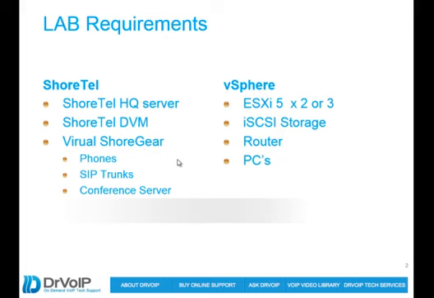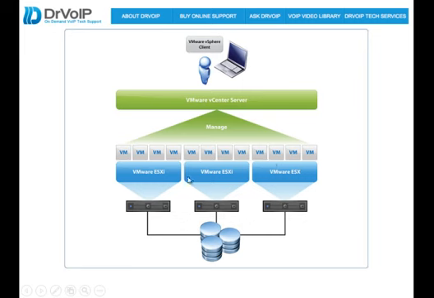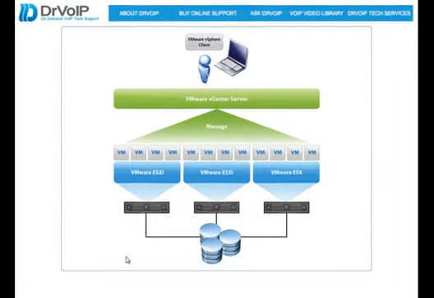So we're going to have a requirement for ESXi hosts, some SCSI storage, and I'll show you where that fits. We'll need a router, and I'll show you how to do that in software. And we'll need some workstations, PCs, for administration and communicator. So this is the vSphere ecosystem that we want to establish.